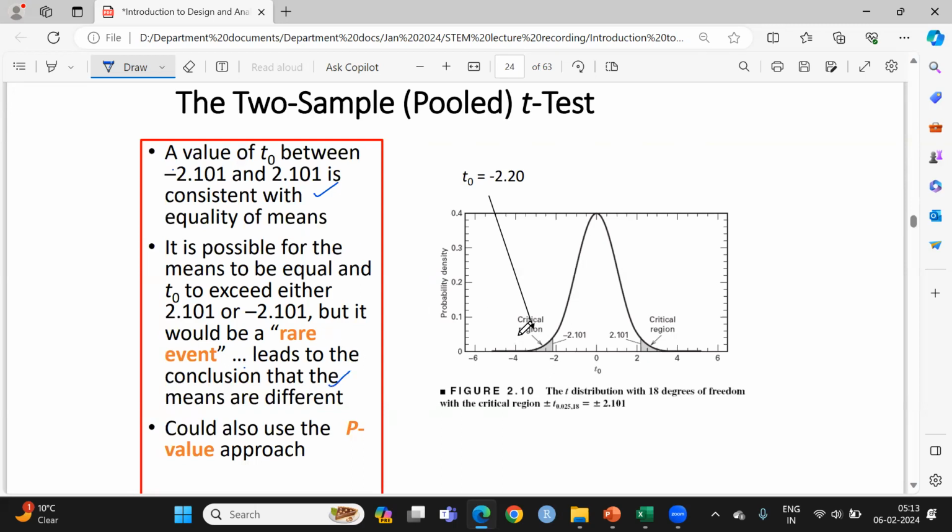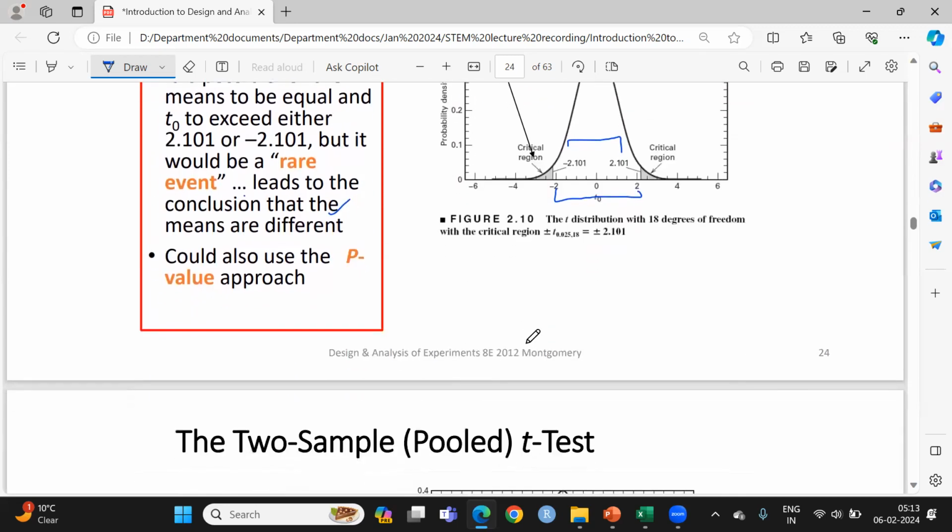What they're trying to say here is, if the value of the test statistic T naught lies in the critical region, we reject the hypothesis. But if any value of T naught lies in the central region, then we are not going to reject the null hypothesis. Here, the value of T naught lies on the left hand side, in the critical region, so that's why we are rejecting the null hypothesis.